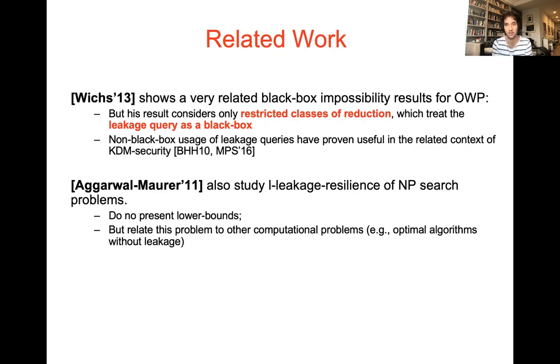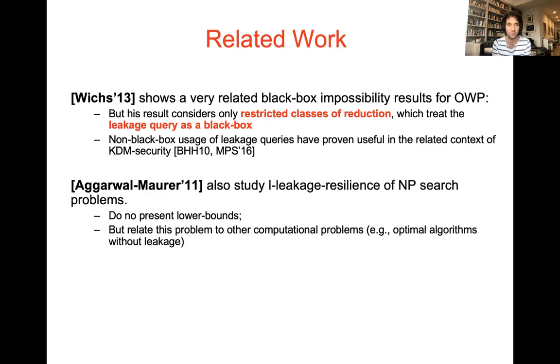In contrast, our results work for all black box reductions, and in particular those that may access the code of the leakage circuit in a non-black box way. And in recent years, it's been shown that these types of non-black box uses of leakage queries can be quite powerful, and indeed are leveraged by constructions.